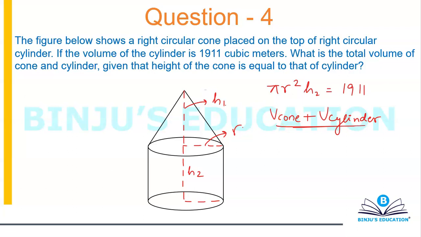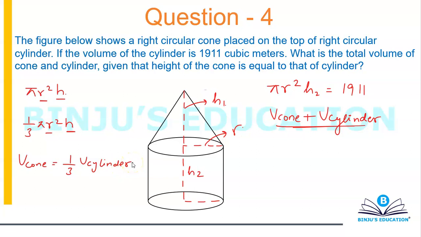Now I know that volume of a cylinder is equal to pi r square h and that of a cone is 1 by 3 pi r square h. Now if the radius and the heights are equal, then I can simply say that volume of a cone will be equal to 1/3 the volume of cylinder.